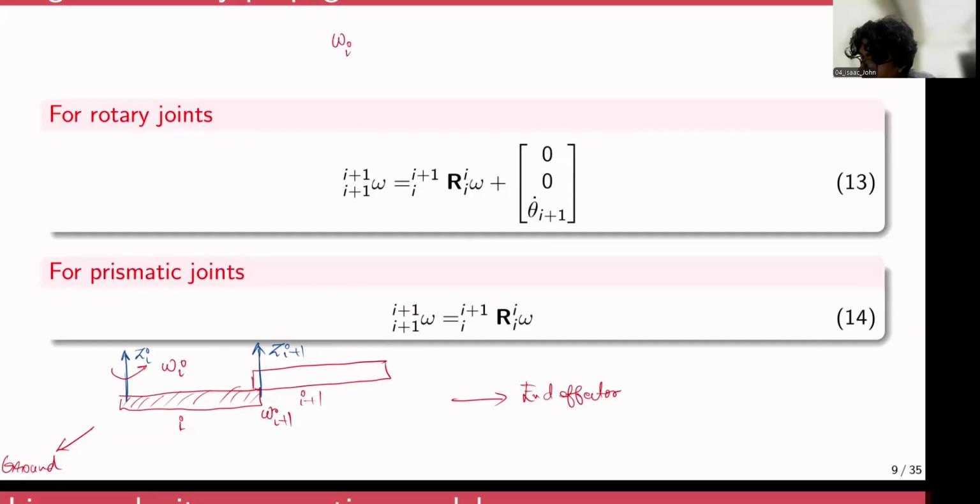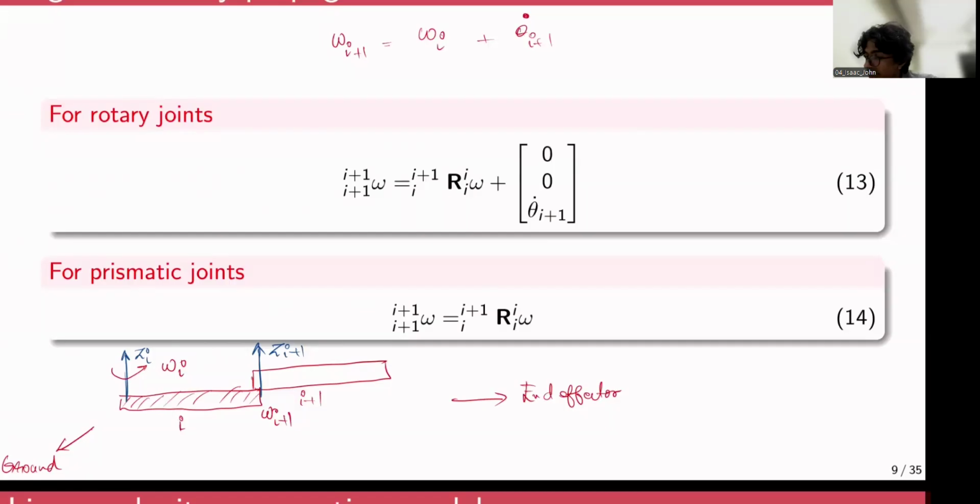Omega i plus 1 is nothing but omega i, the angular velocity of the ith frame, plus, since it is a revolute joint, its own rotary angular velocity, theta i plus 1 dot.